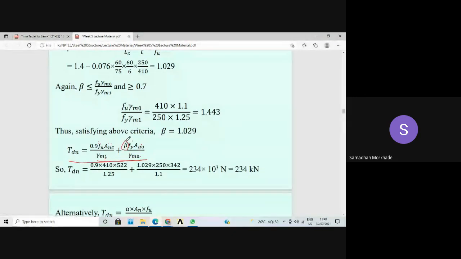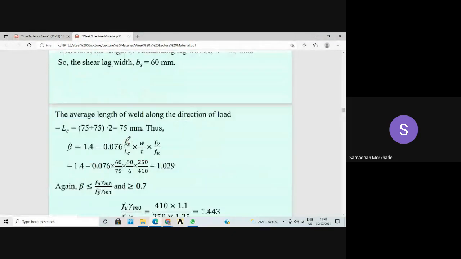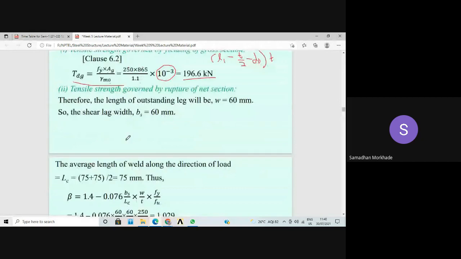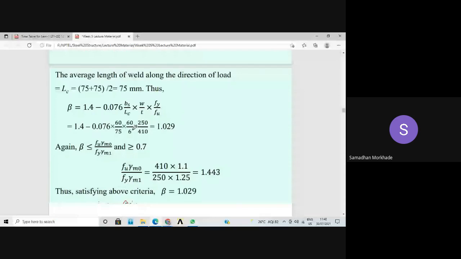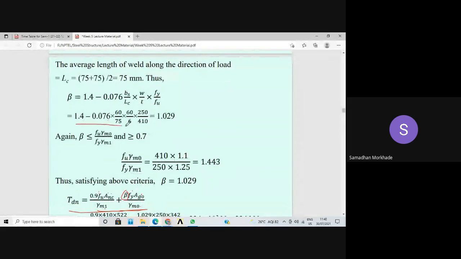In case of welded connections, for the length of outstanding leg width W, what is the formula for beta? Beta is equal to 1.4 minus 0.076 W by T, Fy by Fu, BS upon LC.